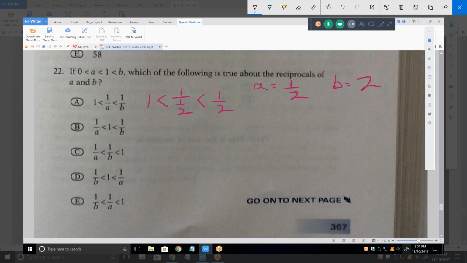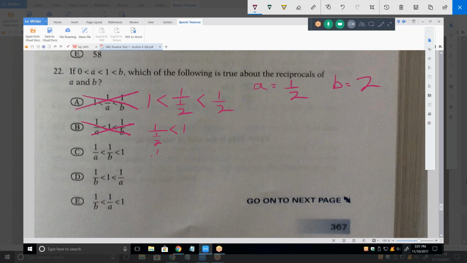Wait a minute, that's 1/2. Correct. So that's not true. Let's go to the next one. We got 1 divided by 1/2. First of all, is that less than 1? No. That's not true.